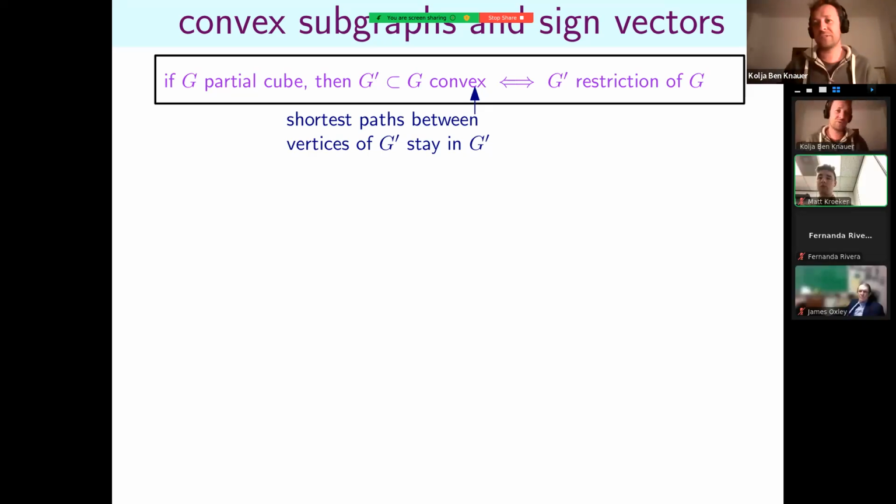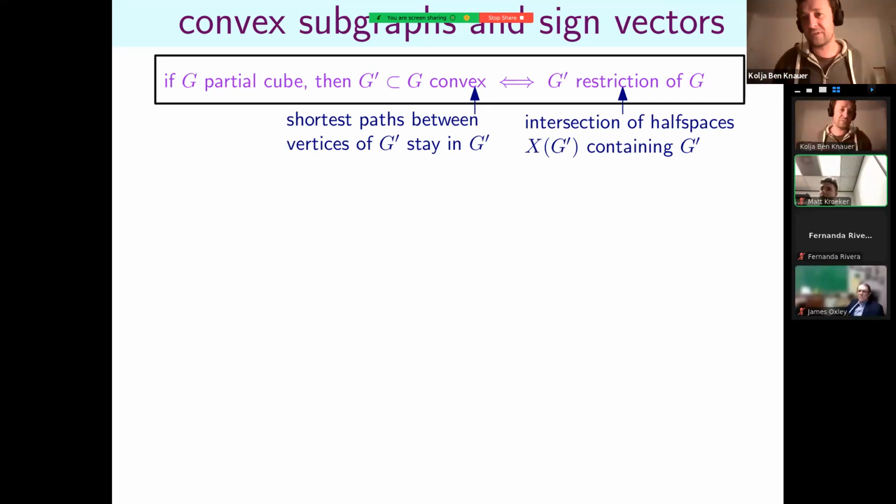This means it's a subgraph where between any two vertices, all the shortest paths in the big graph are also in the small graph. This is a generalization of convexity in Euclidean space. And what you can prove in partial cubes is that every convex subgraph is a restriction of the partial cube. This means it's an intersection of half spaces. I will tell you now what this looks like in an example.